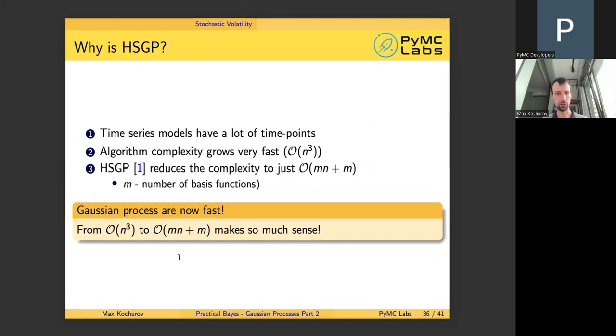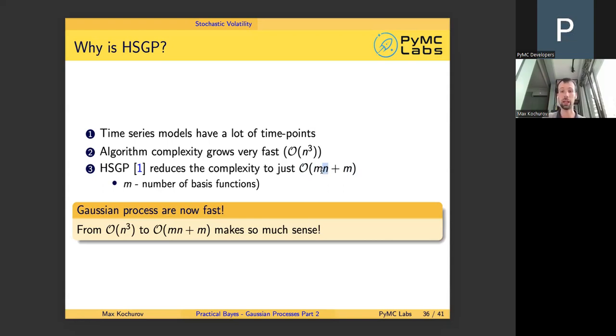In terms of complexity, a traditional Gaussian process is n to the power of 3, so it's cubic complexity. And if we have 1,000 time points, you can imagine how huge our matrix that needs to be inverted is. For HSGP, the complexity is just like a dream. And this dream is almost linear complexity in terms of time series length.